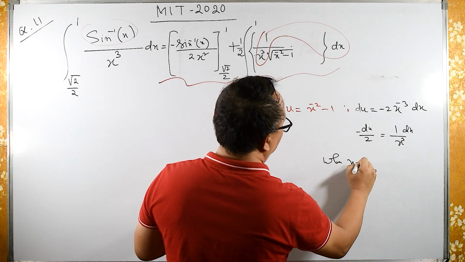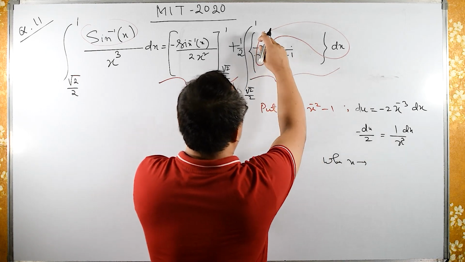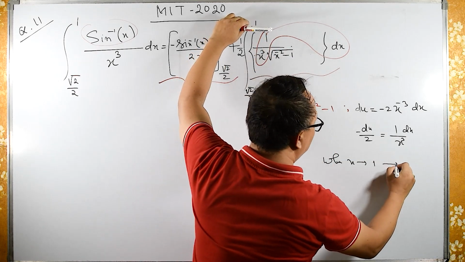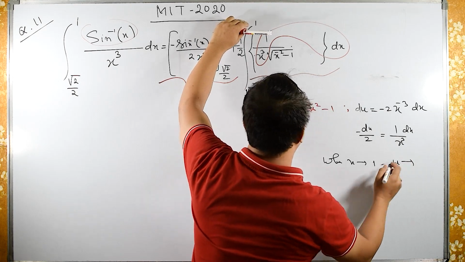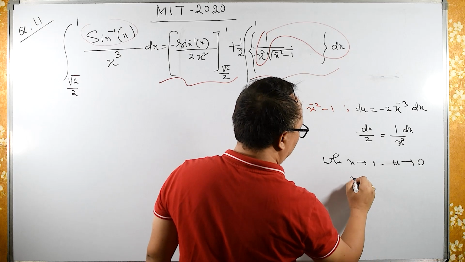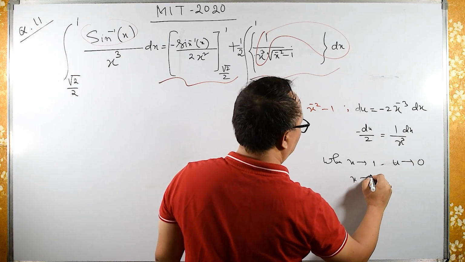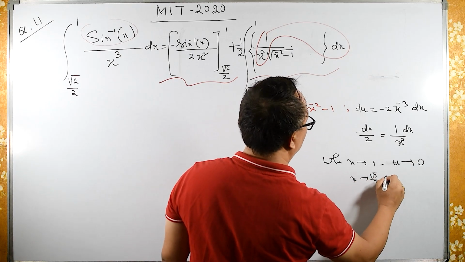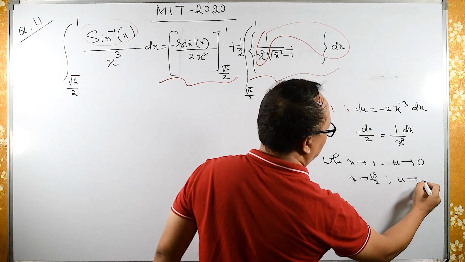When x tends to 1, 1 minus 1 becomes 0, so u tends to 0. When x tends to root 2 upon 2, then u tends to 2 minus 1, which is 1.